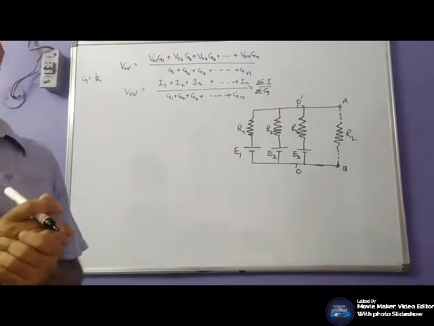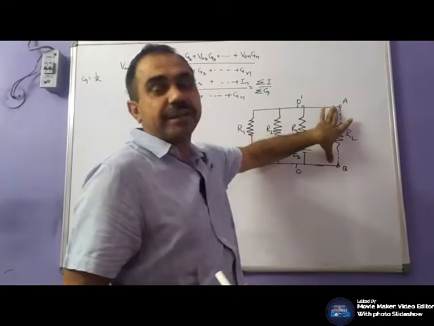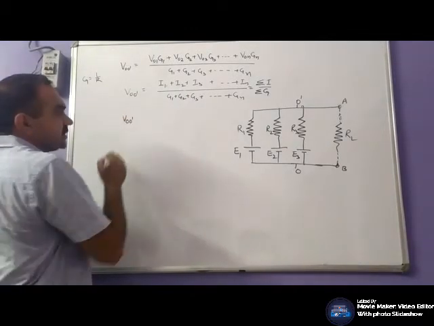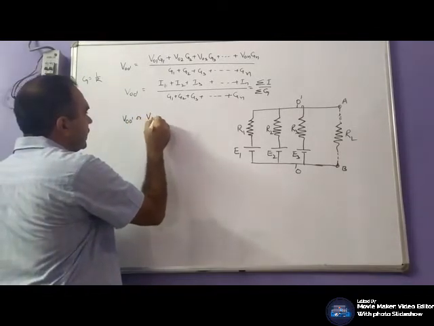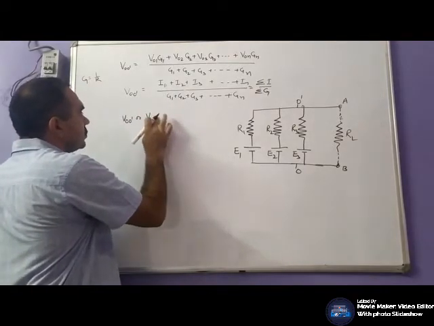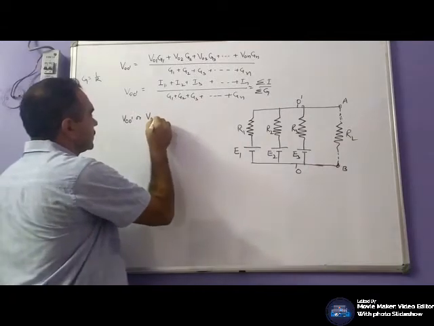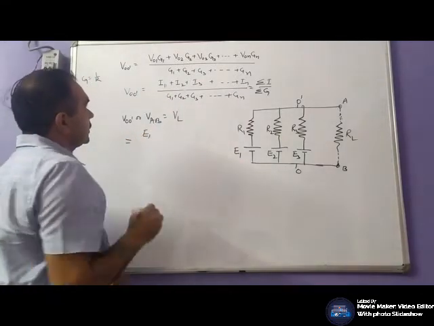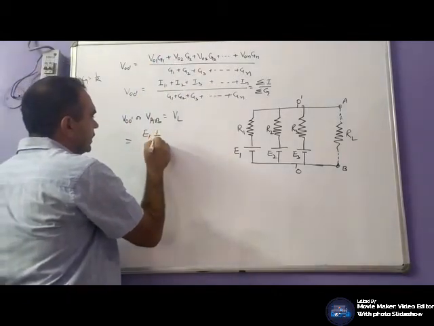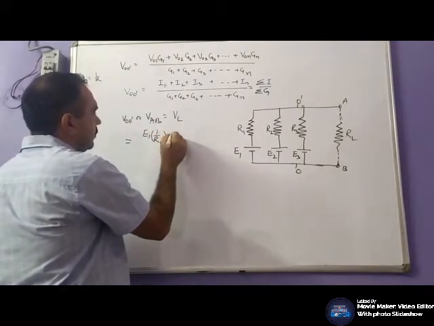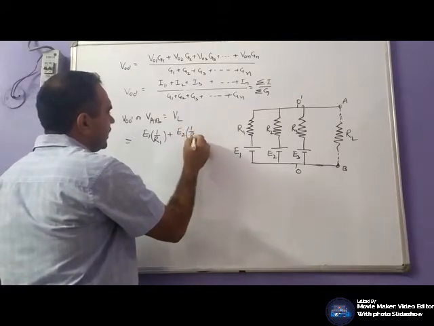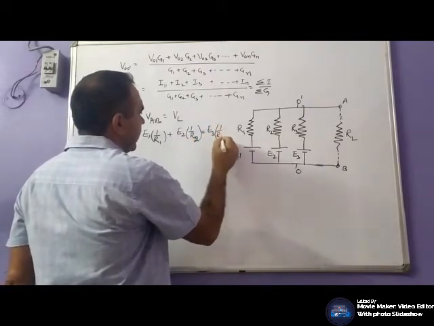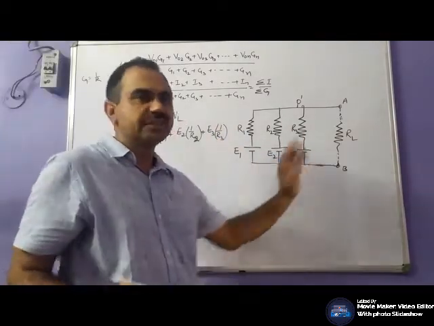So as per Millman's theorem, the output voltage VAB, that is equal to VO dash, or the voltage drop across this load branch, will be equal to E1 into G1, that is 1 by R1, plus E2 by R2, plus E3 by R3, plus, what is the voltage here? 0.